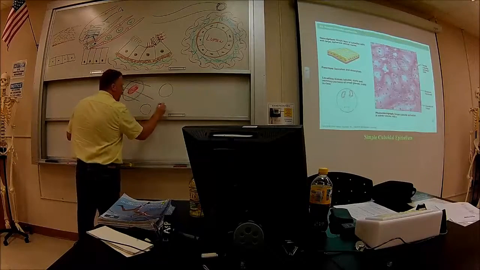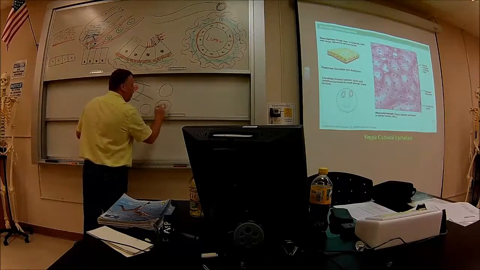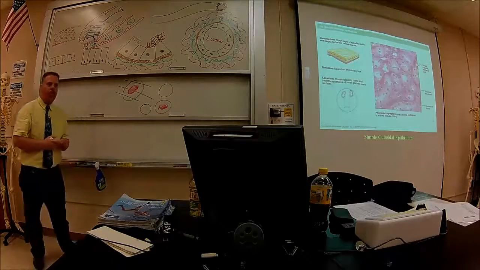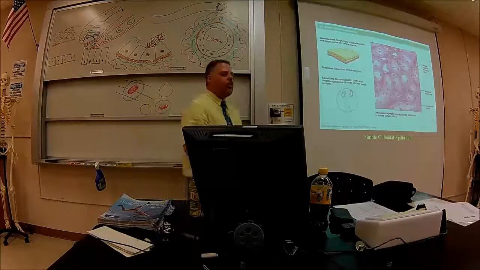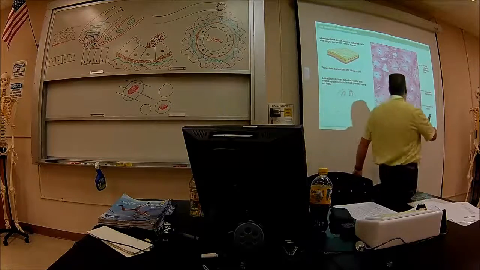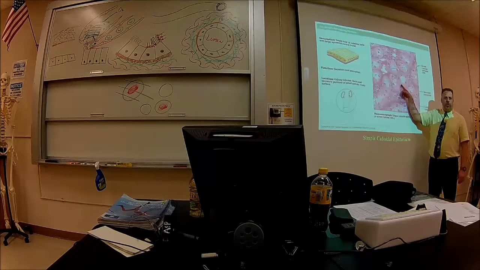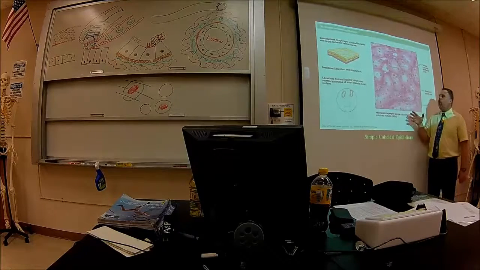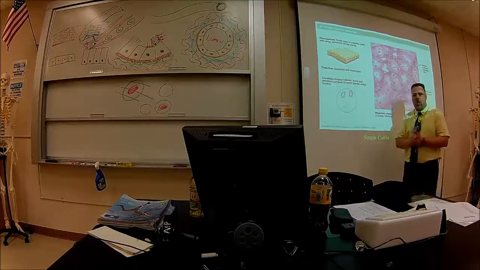If I slice it here, it's going to look like this. Does that make sense? So it depends on where it's getting sliced. You've got to think three-dimensionally. Maybe it's an oblique cut here and it's not getting the nucleus at this point. All right? Not a big thing, but I don't want you to get confused, like, why am I seeing dots but not all around? It's because of the way it's cut.